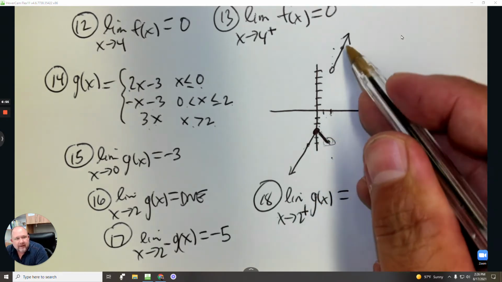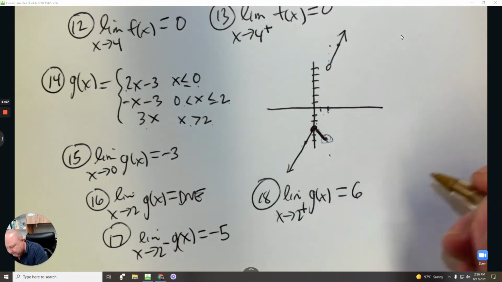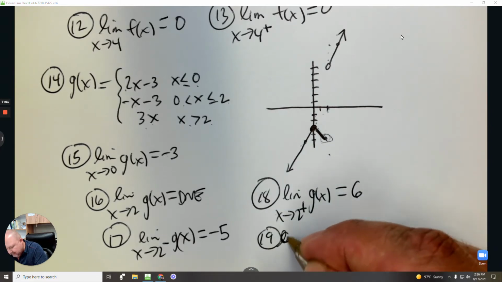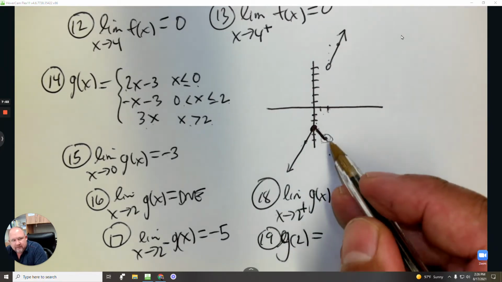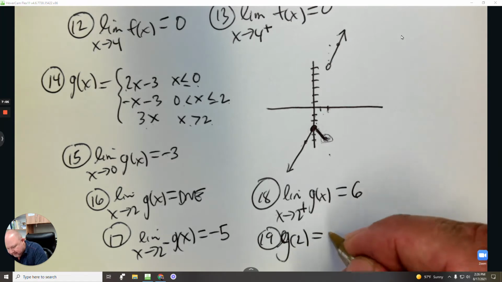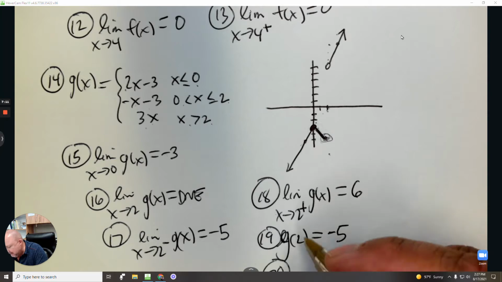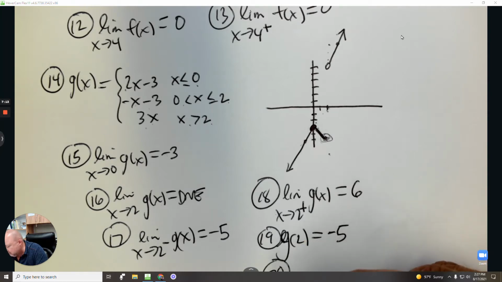So 2 from the right, the y value here is 6. What's the actual function value at 2? That's the closed point, that's -5. And then what's the limit as x approaches -2?